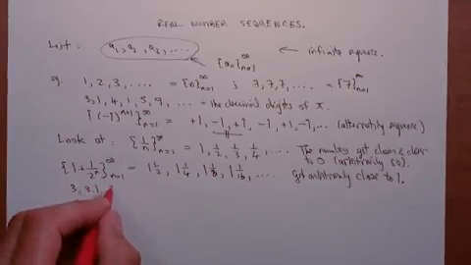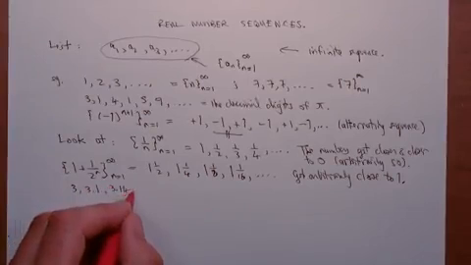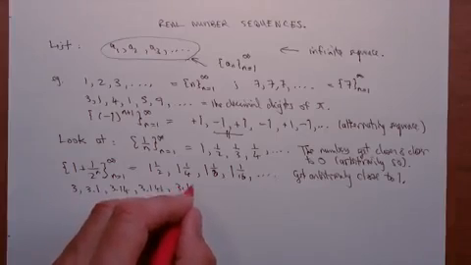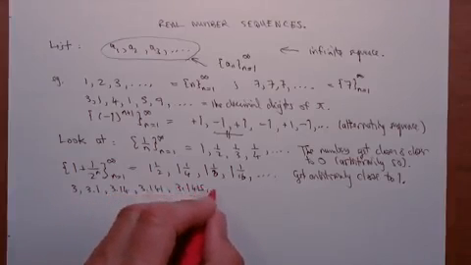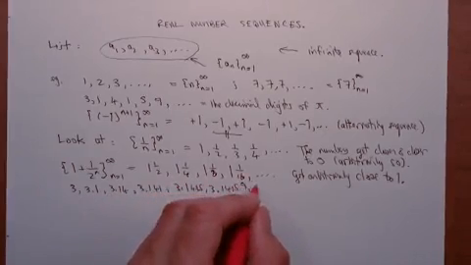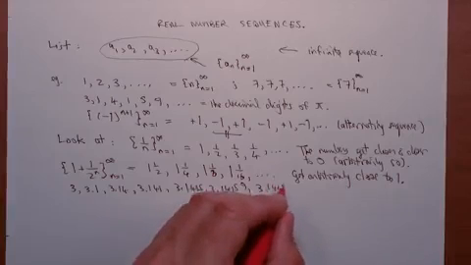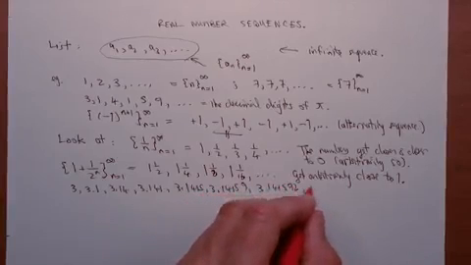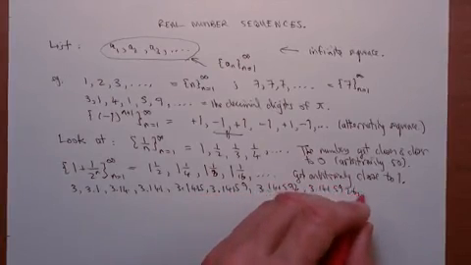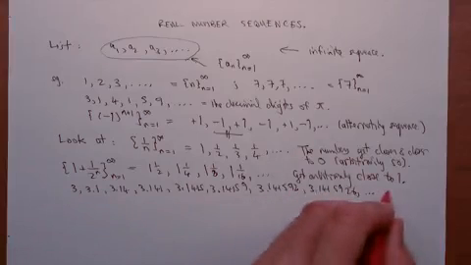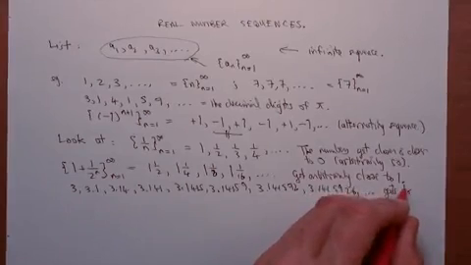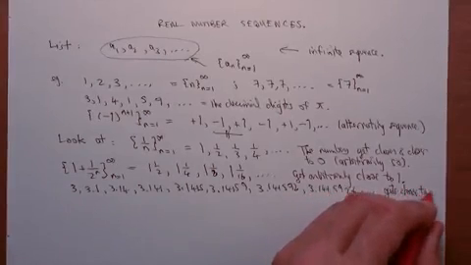And going back to this example here, the sequence 3, 3.1, 3.14, 3.141, 3.1415, 3.14159, 3.141592, 3.1415926. That sequence gets arbitrarily close to pi.